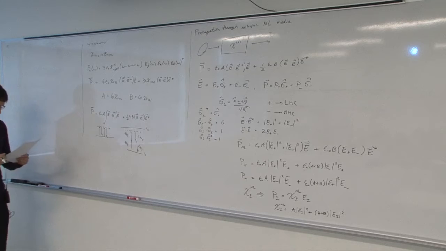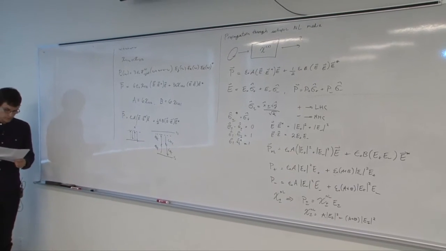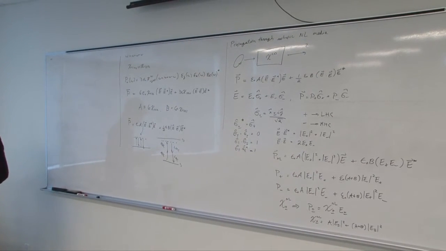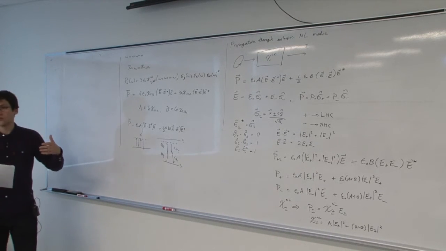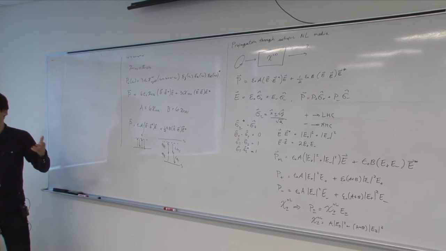All right. So now what we want to do is to solve the propagation problem. What happens to an input polarization of light when I send it into this nonlinear medium?